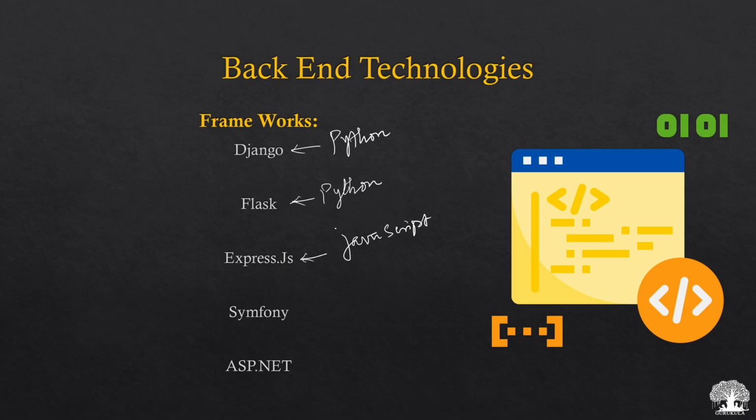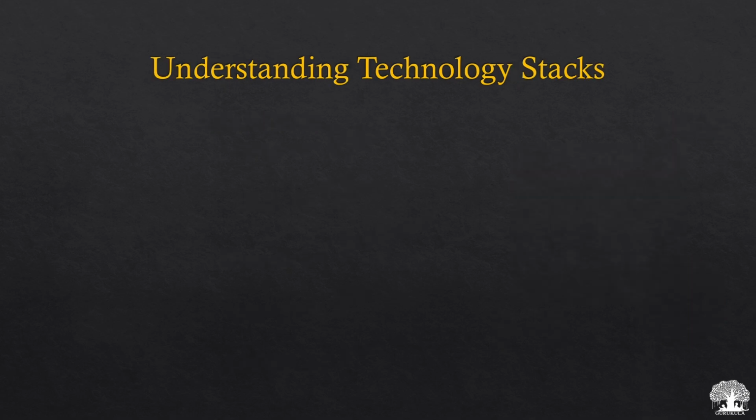And then we have frameworks like Symfony and ASP.NET, where Symfony is developed using PHP, and ASP.NET is developed using the C# programming language. So each and every framework is developed using different programming languages, and they come with their own merits and demerits. That's all about the frameworks that are used in backend technologies.